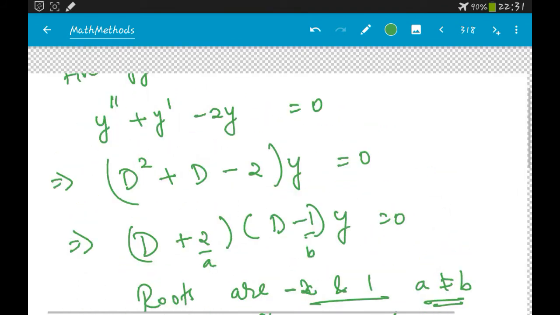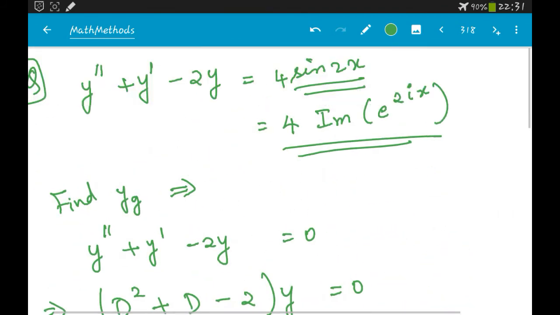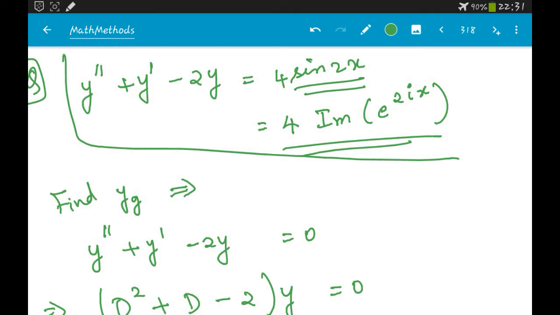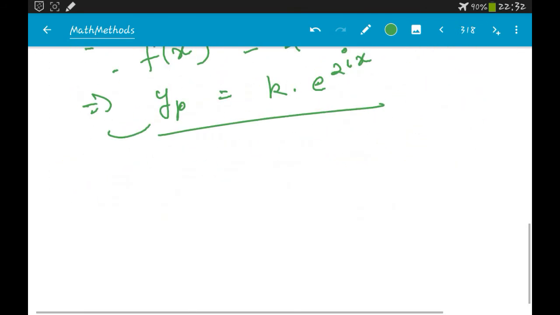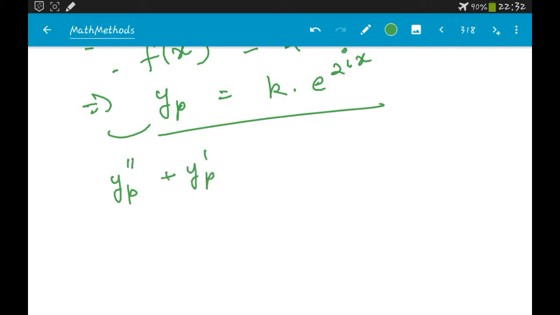So what was the original equation? Original equation was this one. So we have to substitute it back into the original equation and then see if it is working. So what we'll do is, we'll first write down the original equation, assuming there is no real or imaginary part. We are just writing down the full equation. So the equation is yp double dash plus yp dash minus 2yp is equal to 4 into e power 2ix.